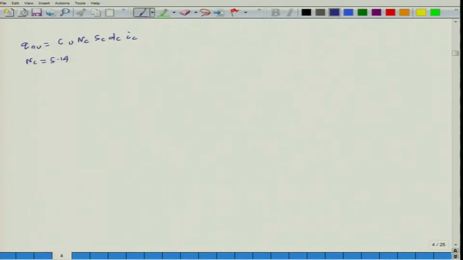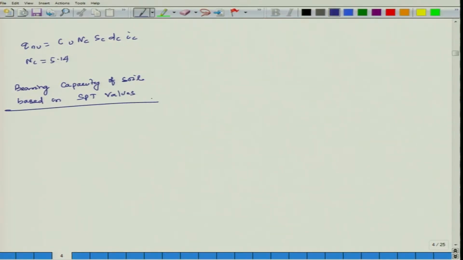Now, come to the next part, that is the bearing capacity of soil based on standard penetration test values. Earlier in soil investigations, I have explained the standard penetration test.